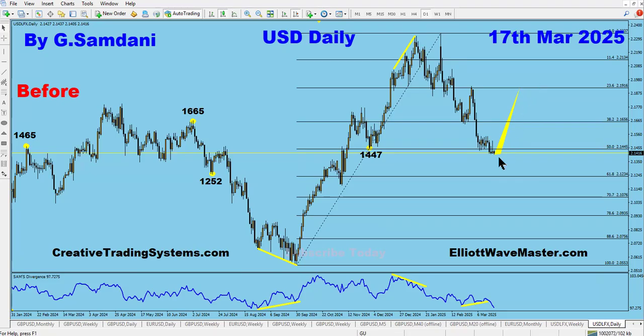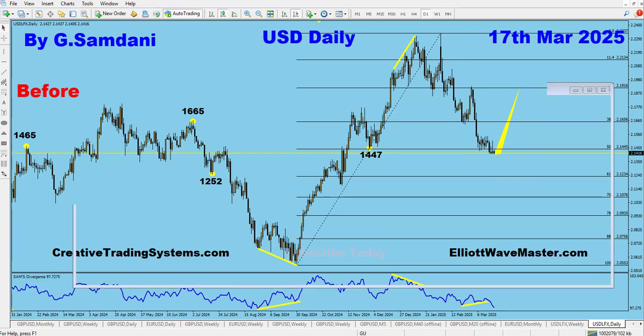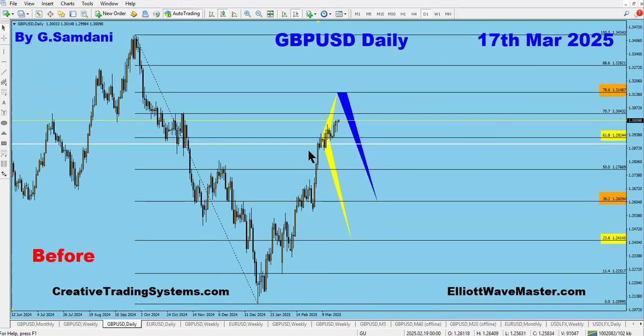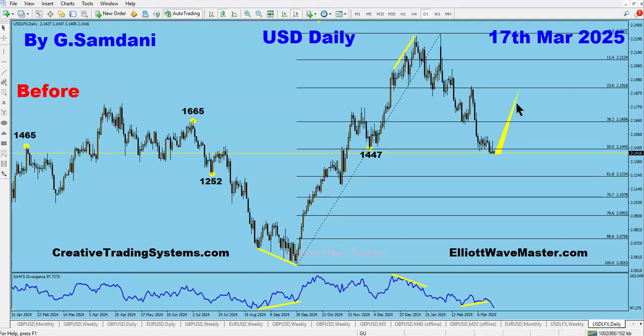So that move will push both Euro USD and Pound USD down a little bit. This one here, and Pound USD, this one probably 38, right? 38 or 23, whatever. Then after that, from here, 50 to 23, it will probably come down.